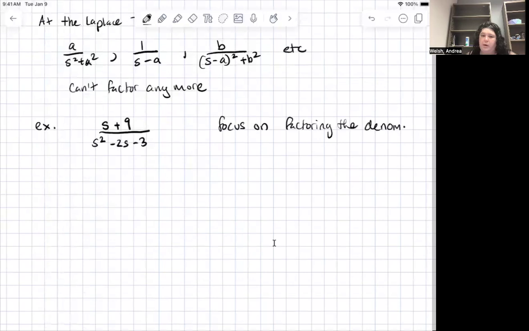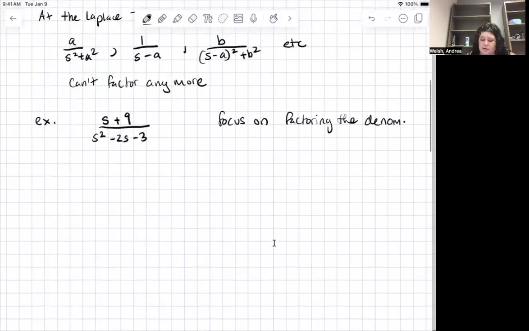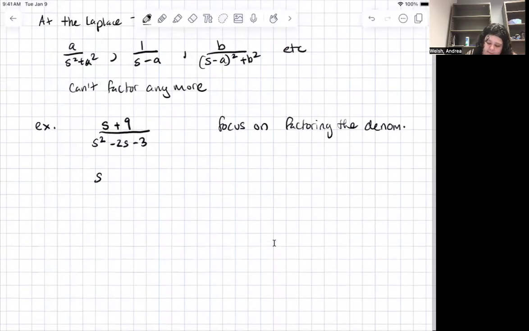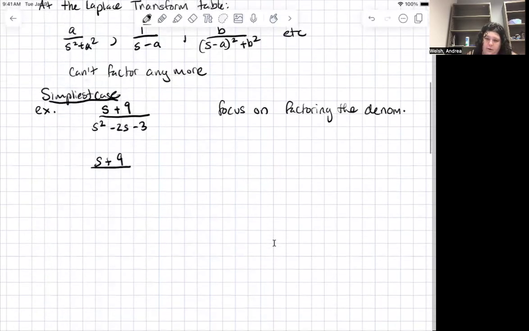We're still going to deal with it, but in terms of figuring out how to factor this, it's not going to matter. So we can factor this one. This is the simplest case. Here we're able to factor this into s plus 1 times s minus 3.